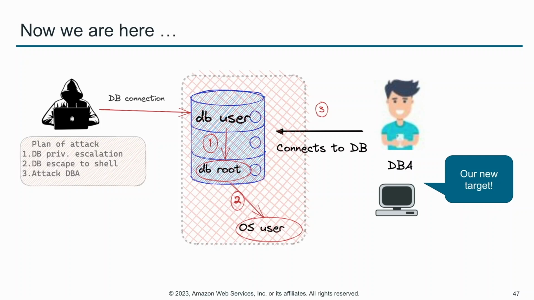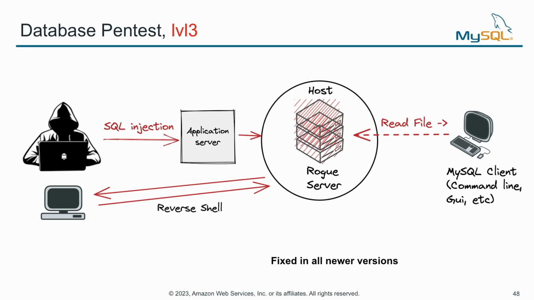So MySQL has a history of things like, if you get access to the server, you can read a file. This is a very old vulnerability, and I will not be talking about it much. But it is a known vulnerability where you can replace the MySQL server with a rogue server.